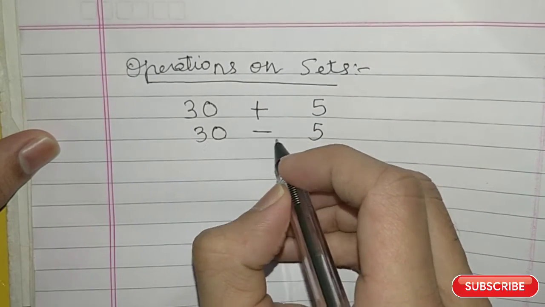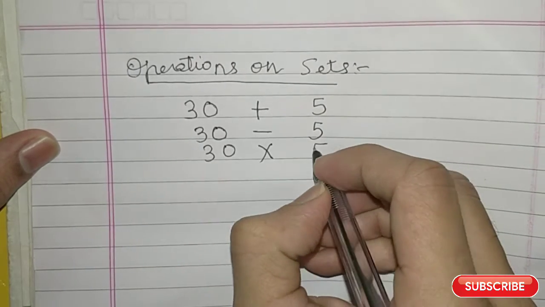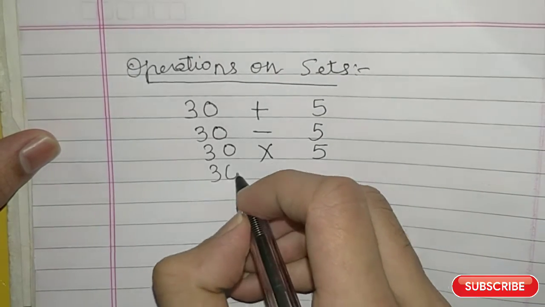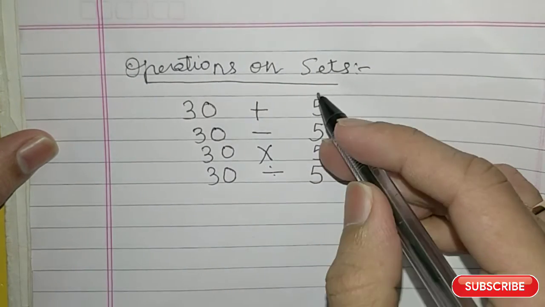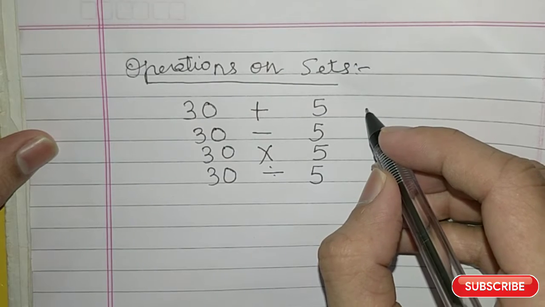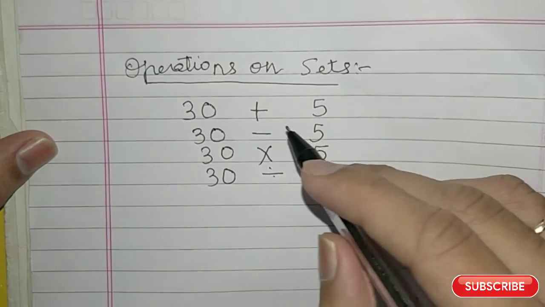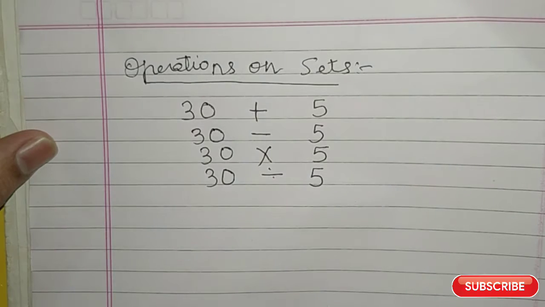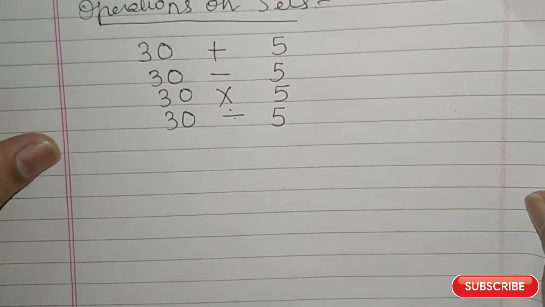Then you can also multiply them, and then also you can divide them, right? So you have the 4 operations for the real numbers or natural numbers. So for any real number you have these operations. Now for sets you have some operations.